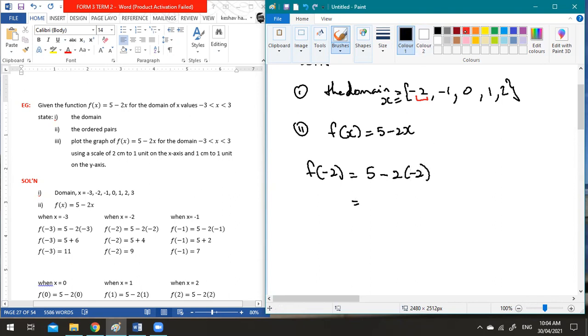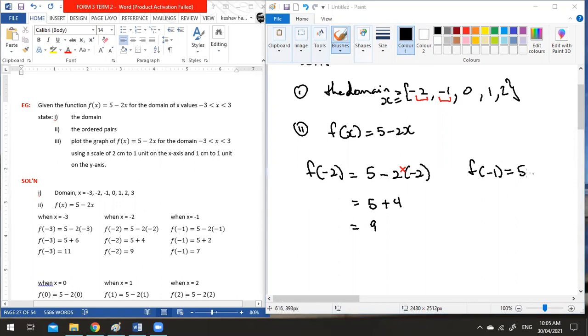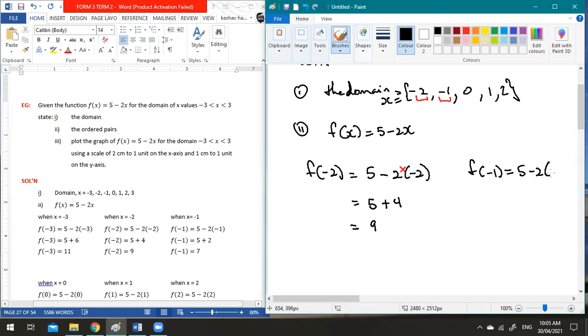To remove the bracket, we have to multiply. So we have 5, -2 by -2 is +4. So 9. Then we go on to the next x value. f of -1. Again, where we see x, we put -1. So 5, and we multiply -2 by -1, which is +2. So 7.